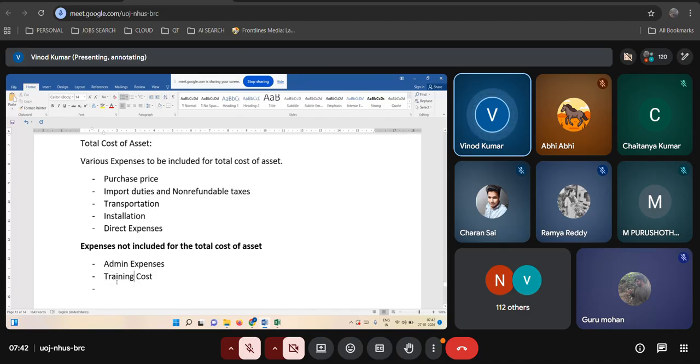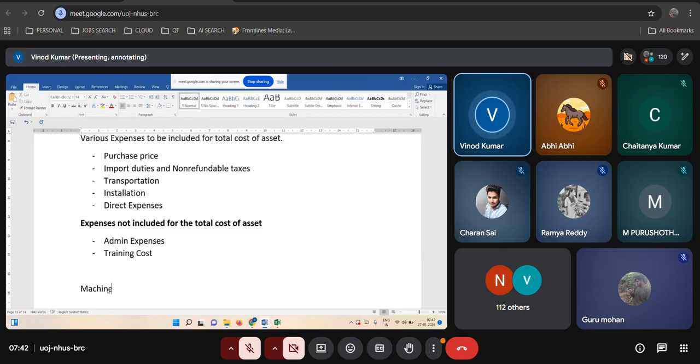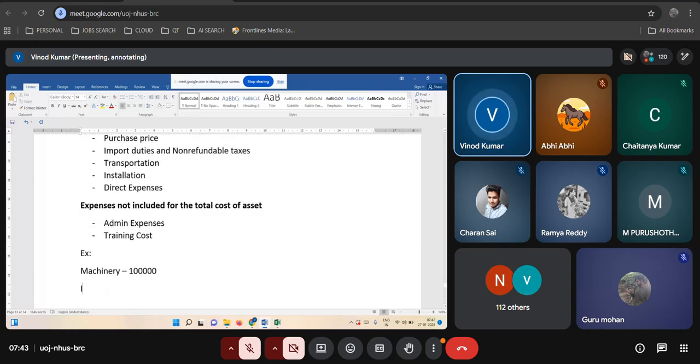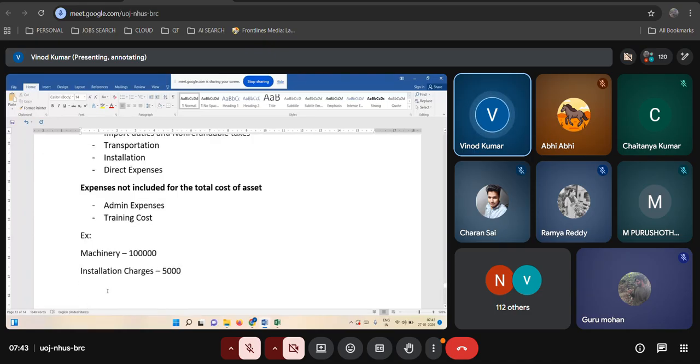So for example, what is the total cost to be considered? I purchased one machinery. Assume one asset is purchased for running my business for 1 lakh rupees, and installation charges 5,000, and I paid transportation charges to bring that machinery to my office location.